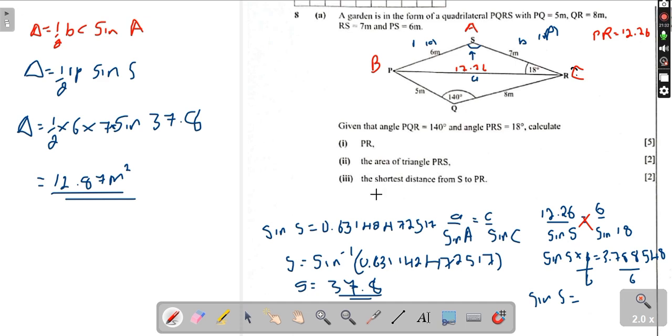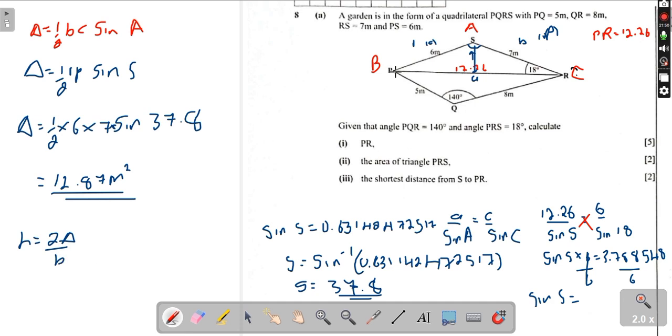Then the last question, the shortest distance from S to PR. You're at S, you want to go to this side, so here you are finding the height. The formula is 2 times the area over B, the base.